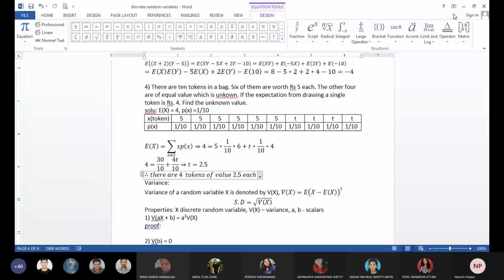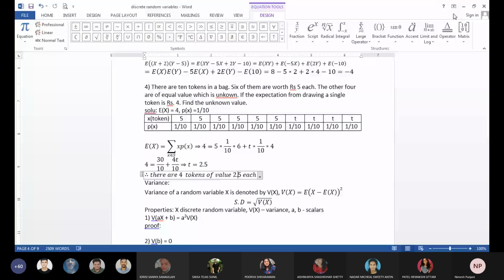Variance of a random variable x is denoted by capital V of x, and it is defined as expected value of x minus E of x, whole square. This is the formula. Standard deviation is the square root of the variance. Positive square root of the variance.